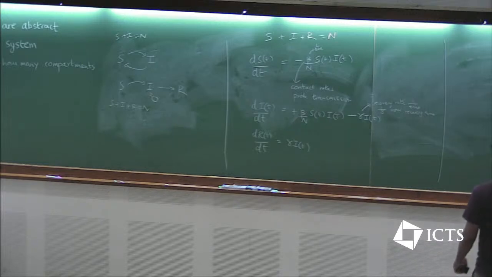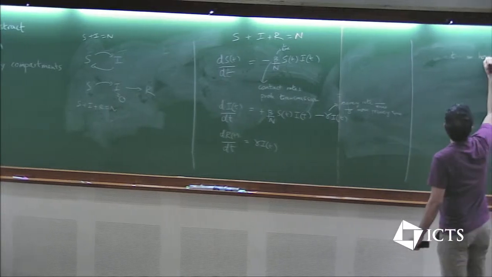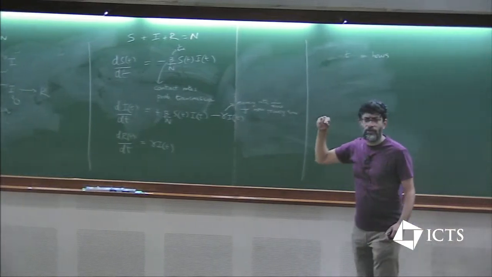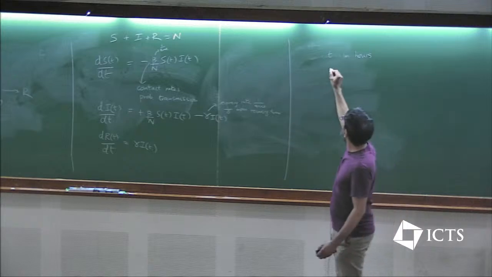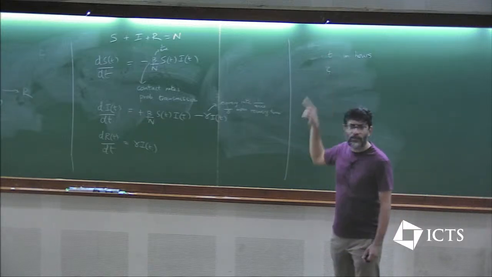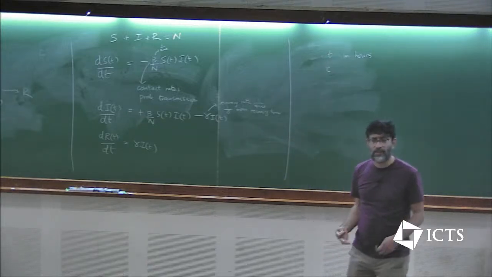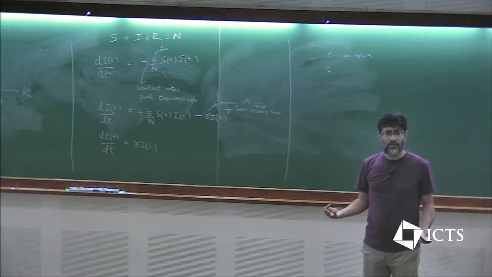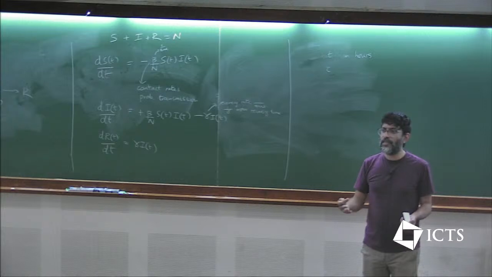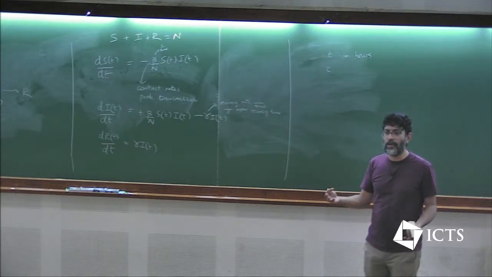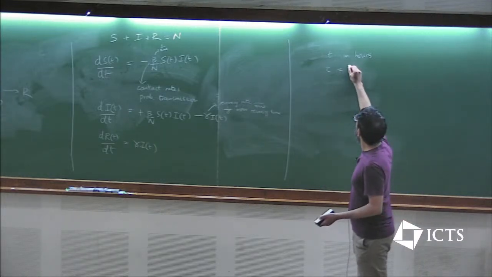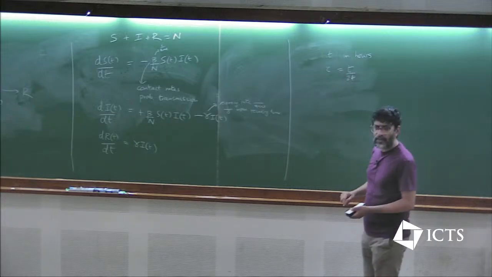I'll just change the numbers. So suppose I was measuring time in hours, but then for some reason I decided to measure time in days. So I want tau to be related to t, but in days, the same number of days. How do I do that? I just multiply by the appropriate number, right? So if t is 24 hours, tau should be 1 day. So tau should just be t by 24, right?